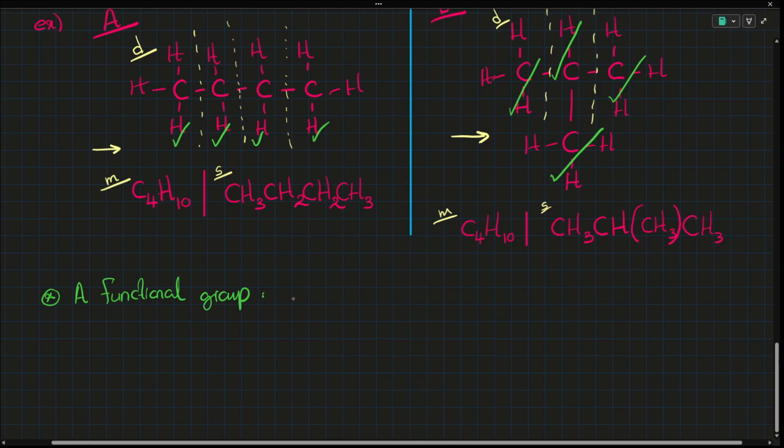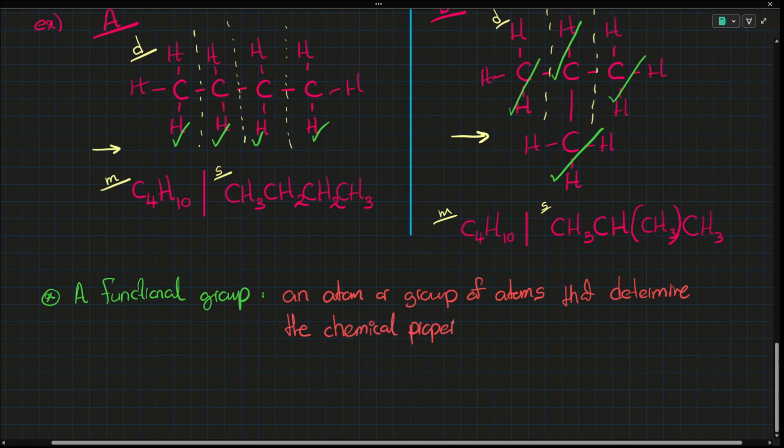Simply put, a functional group is an atom, so it can be a single atom or a group of atoms that determine the chemical properties of a compound.